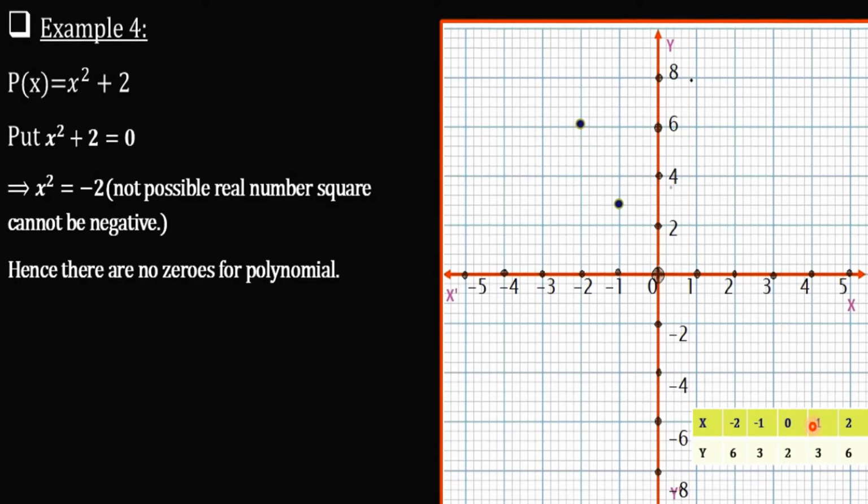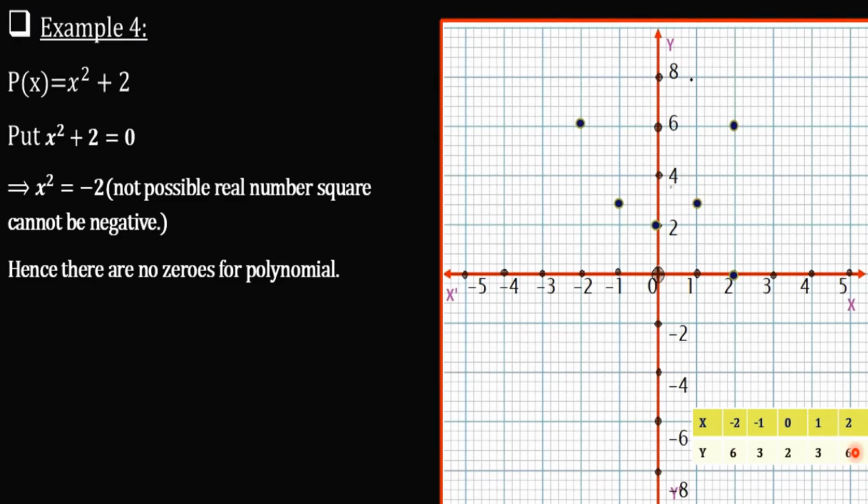Next, 0, 2, that is x equal to 0 and y equal to 2, this point. x equal to 1 and y equal to 3, this point.